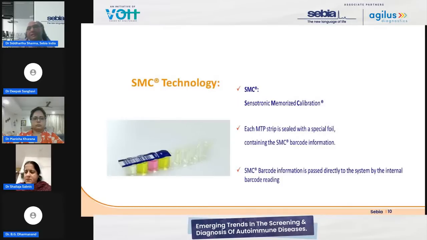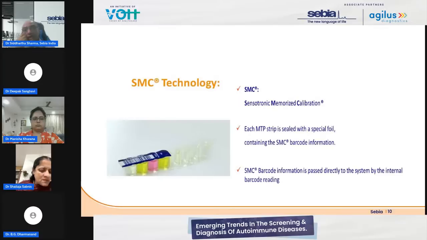And if a wrong calibration curve is generated, the calibration process has to be repeated, which is a pain point for laboratorians, because that requires additional consumables and reagents, and also increased time and manpower devoted to repeating calibration.